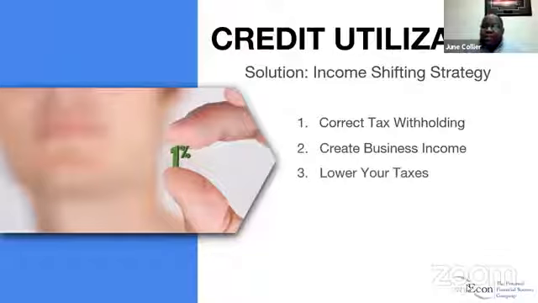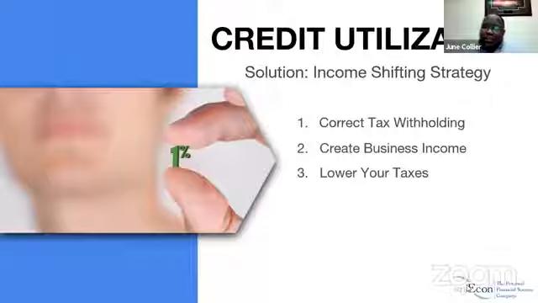The third piece is lowering your taxes. All of us are responsible for taxes. But what the tax system does is afford those individuals who have a business tax deductions that people who don't have a business don't have. So we show you how to lower your taxes by writing off expenses you're going to have anyway.